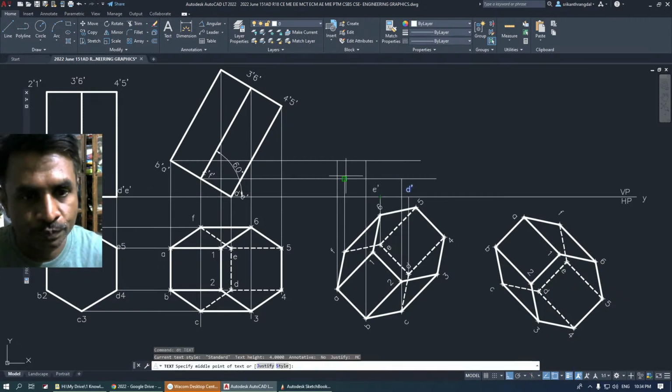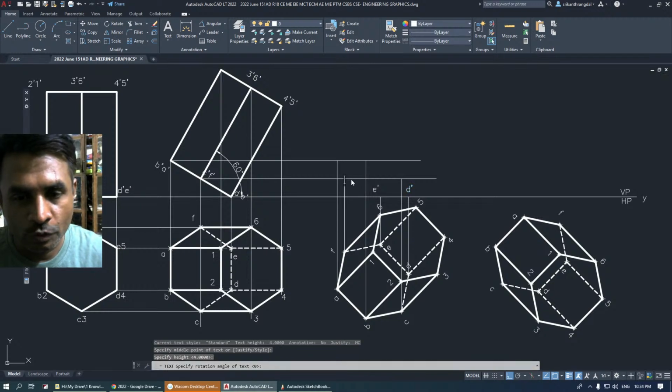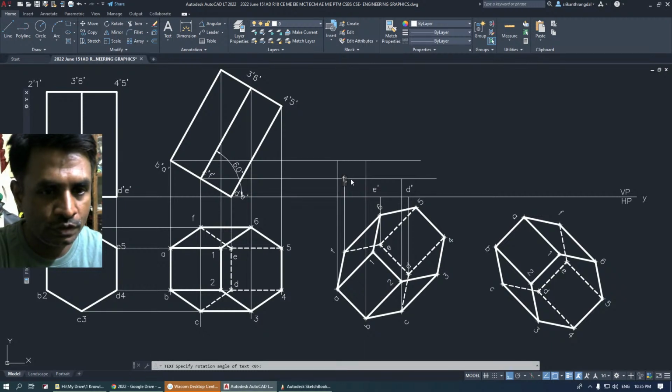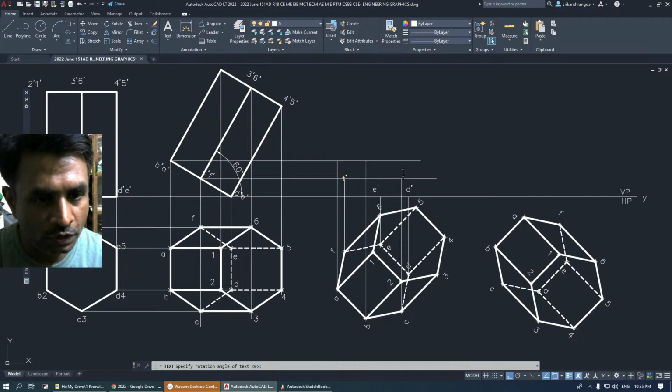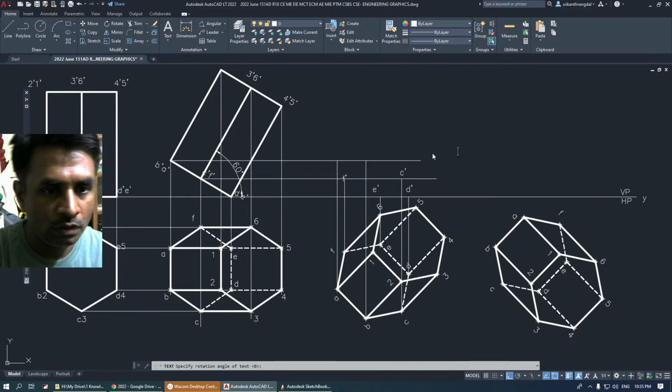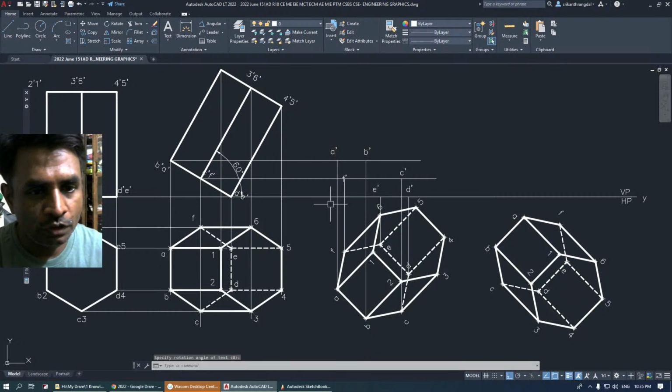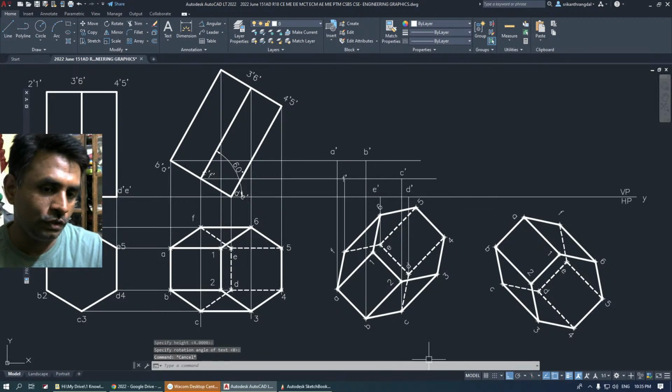So this is point F. This point here is C dash, and this point here is A dash. This point here is B. Now we got the other points of the lower face.